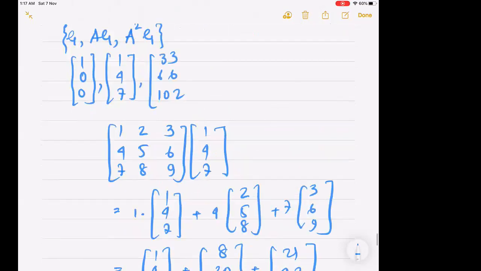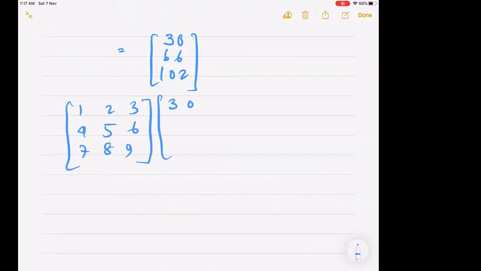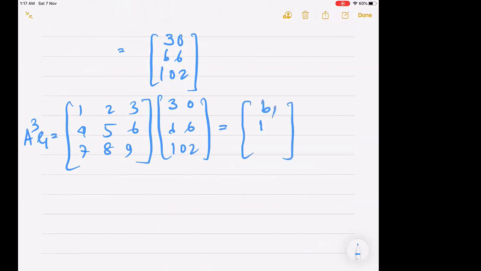In all likelihood, they are also linearly independent. And then I will have the final one: this matrix multiplying 30, 66, 102. What will it give me? This is A cubed E1. That will be some vector. I'm not calculating it. Let me call it b1, b2, b3.